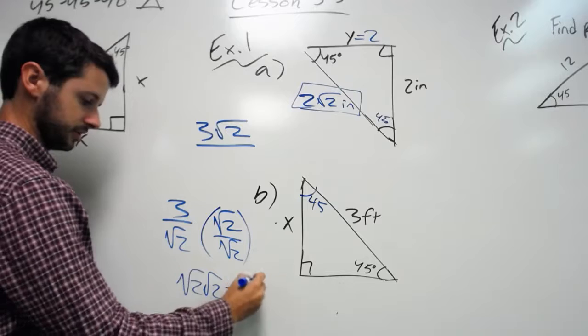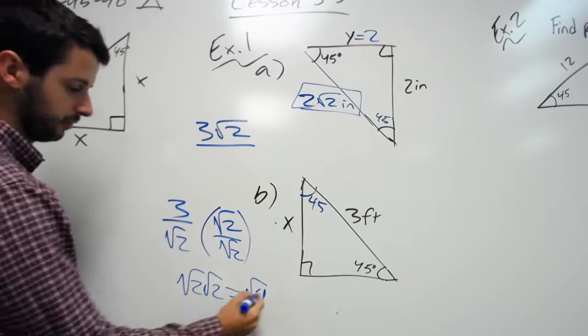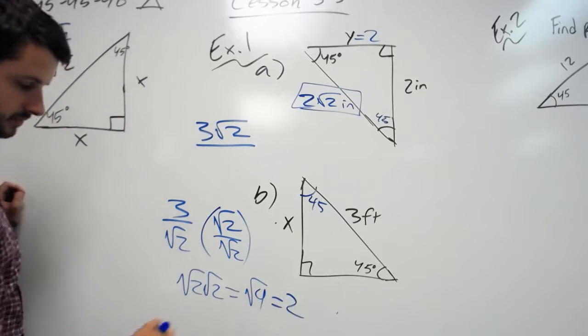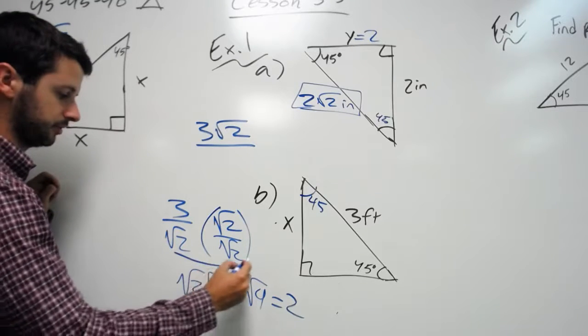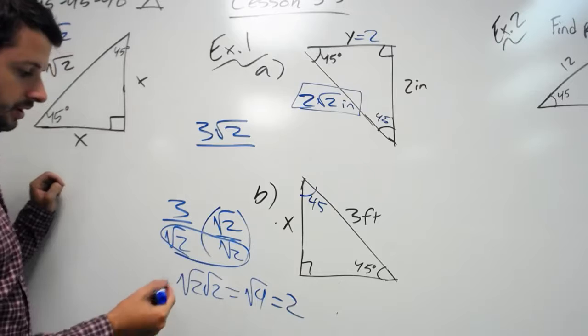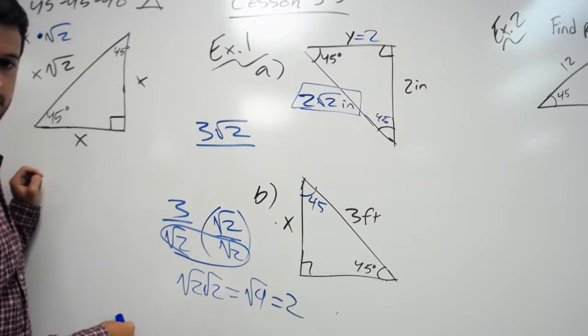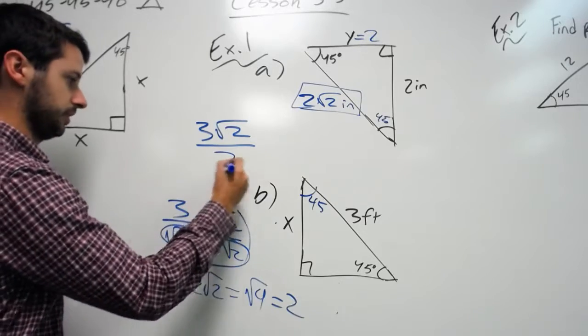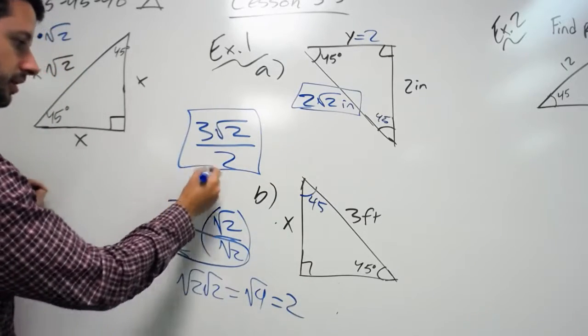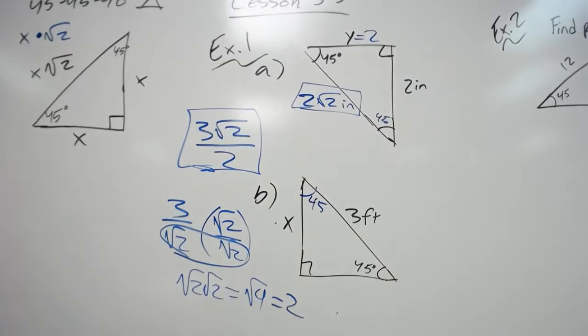Well, what that equals is square root of 4. And square root of 4 is a perfect square, 2. And so kind of the rule for radicals is if you multiply 2 of the same radicals, it comes out to just be that number one time of the whole number. So this becomes 2. That would be the measure of our leg.